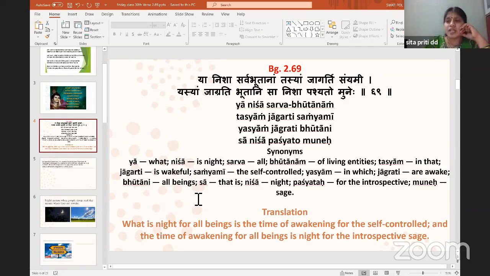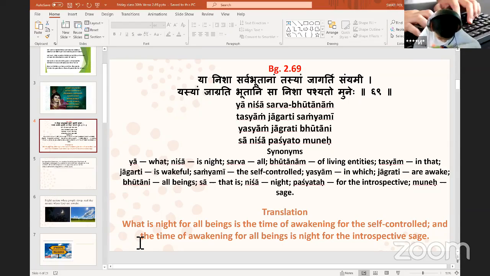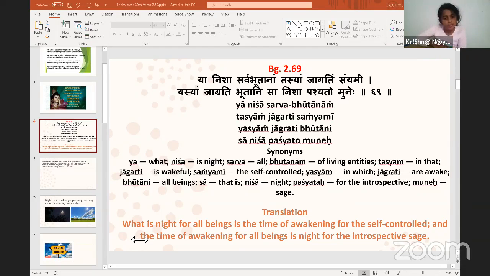Krishna Naina, can you read the translation for us? What is night for all beings is the time of awakening for the self-controlled, and the time of awakening for all beings is night for the introspective sage. Very good.